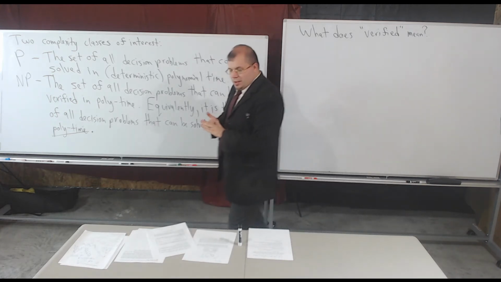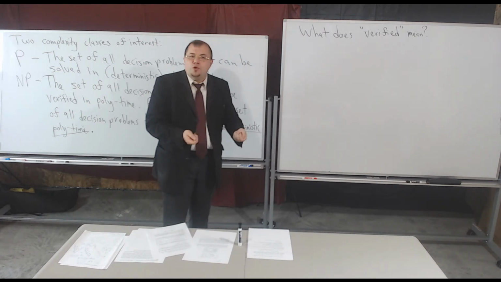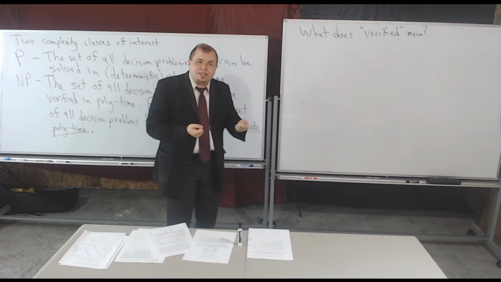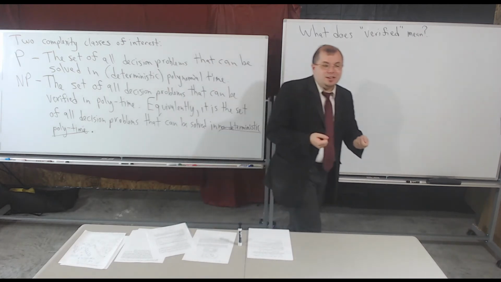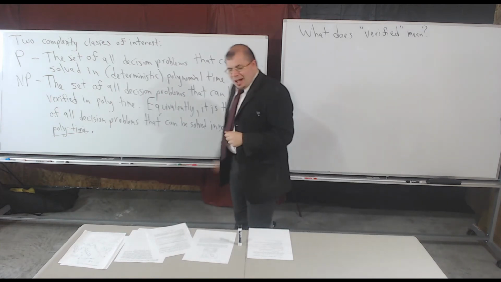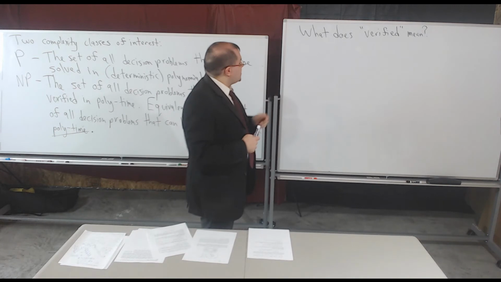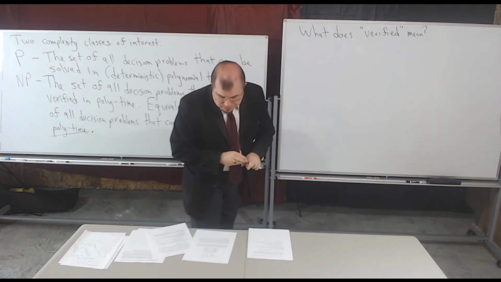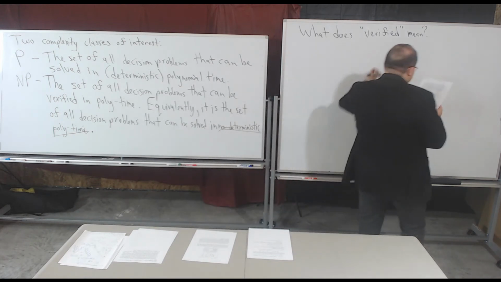So if they give me something that looks like what we'll call a proof that is short, which we will talk about and say it's polynomial in length, it is short and easy for me to check. That's going to be what we mean by verified. So let me write down a little bit more here. Hopefully I'll give you some intuition for this.